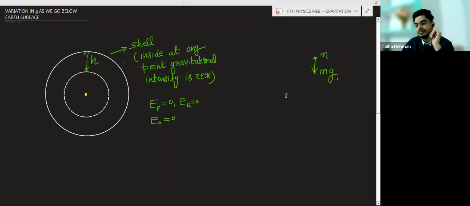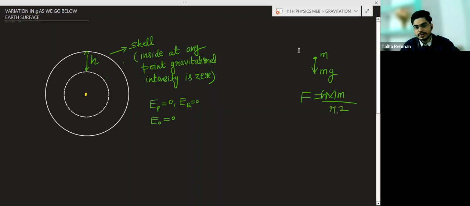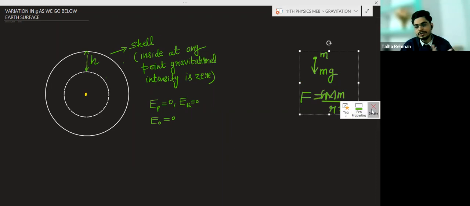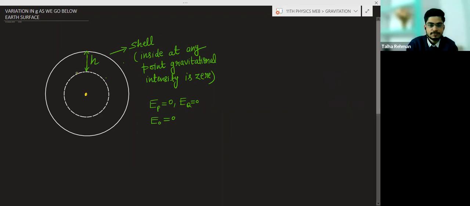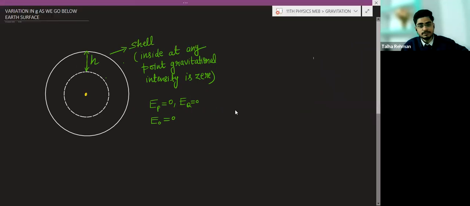After that, we apply Newton's law of gravitation: between the Earth and this body there will be a gravitational force equal to G times mass of the Earth into this mass divided by the square of the distance between the mass and the center of the Earth. We equate both values and we get the value of g. Earlier also we did the same thing, and we will do the same here.